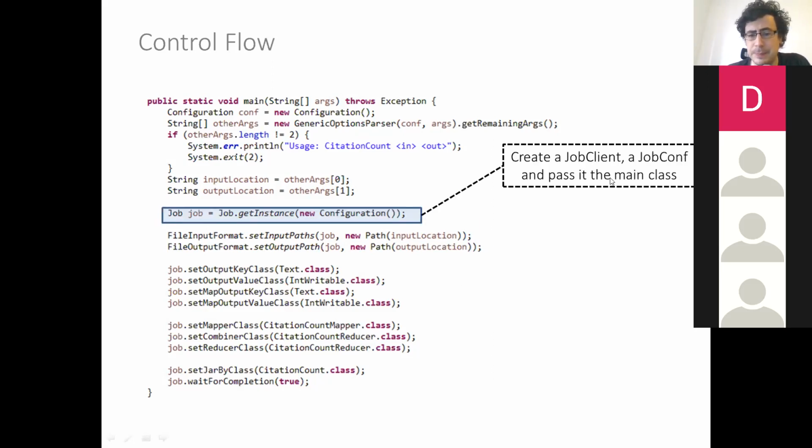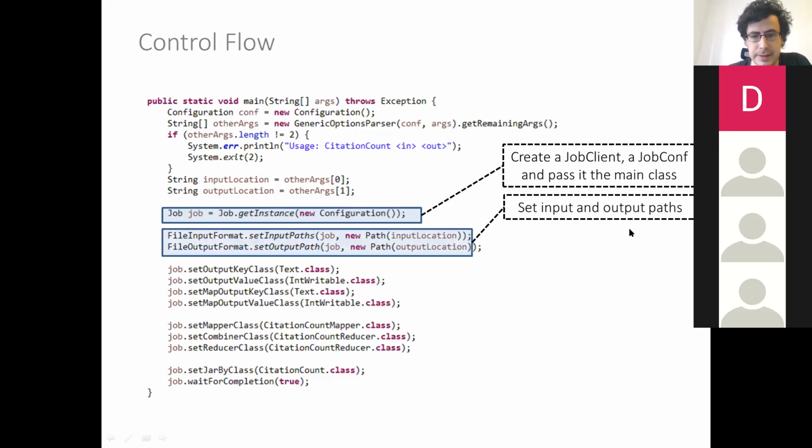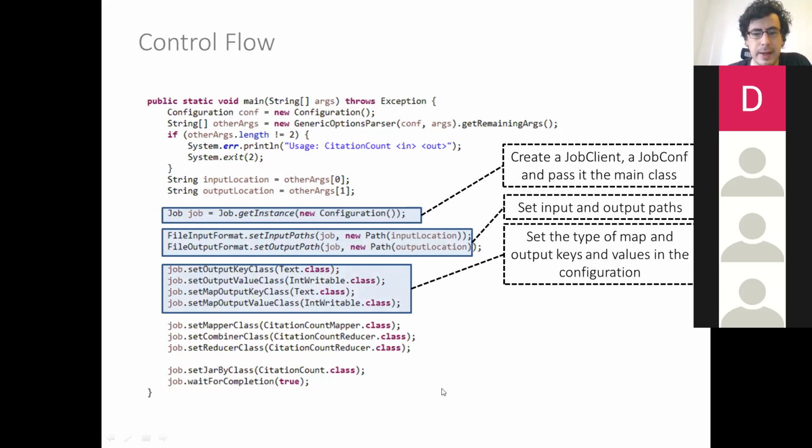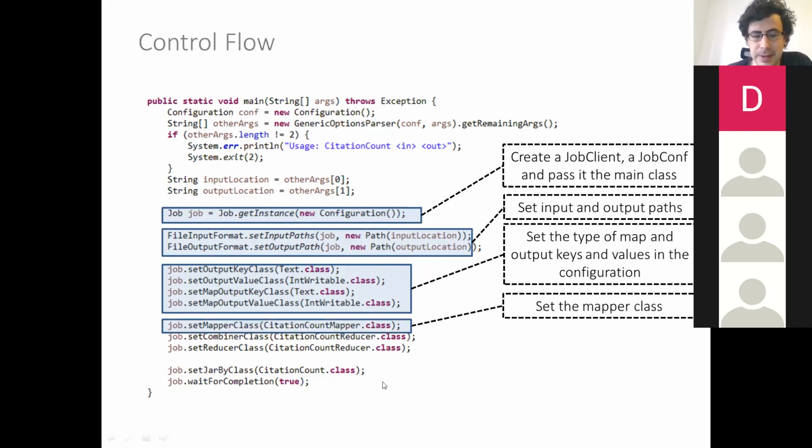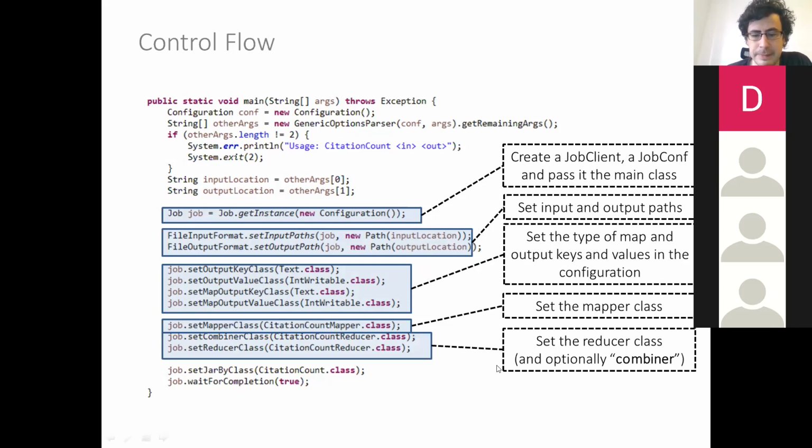So key parts here, we need to create jobs. We need to create an input and output path. We need to set the types of the output keys and values for both the map and reduce. We need to set the mapper class, optionally the combiner, and a reducer class.